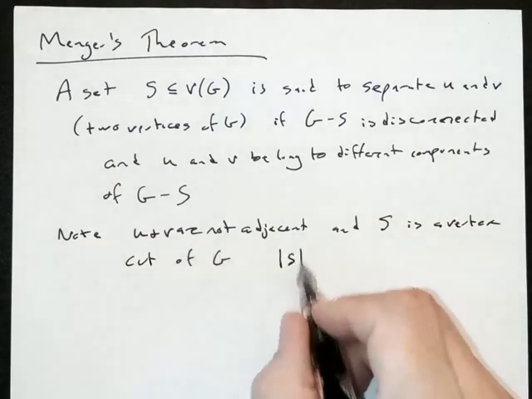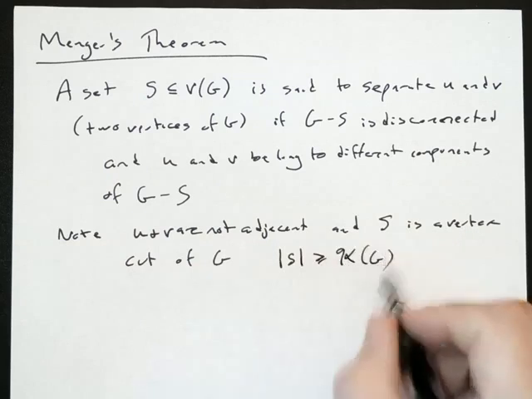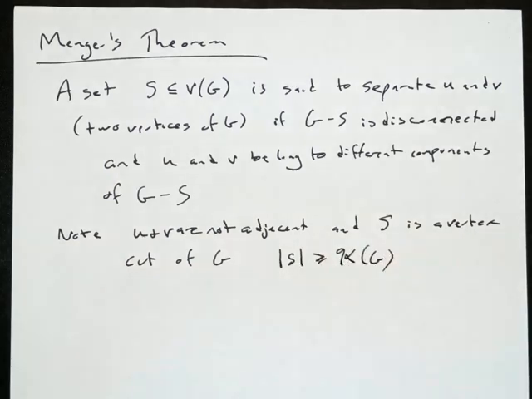Hey, wait a minute, that means that the size of S is bigger than or equal to the minimum necessary size for a vertex cut.